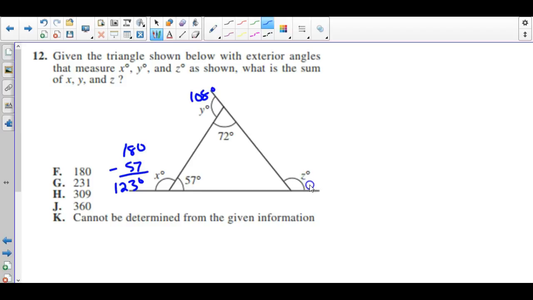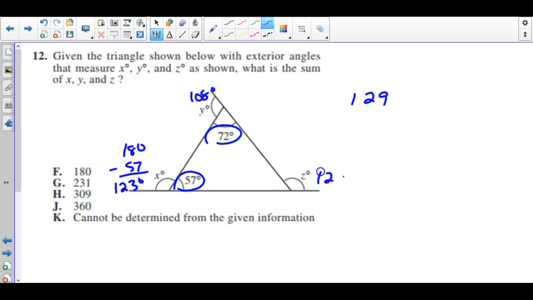And then z, I can get by using the exterior angle theorem, which says I can take 72 plus 57, and that's going to equal z. You could have also focused on this inside just being a triangle. But this is going to come out to, I'm sorry, 129.